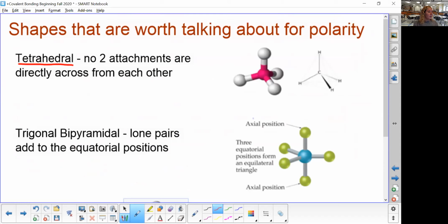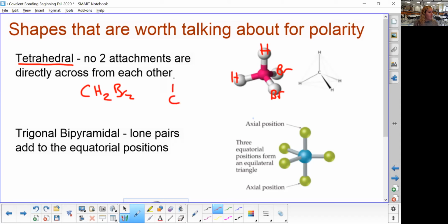Tetrahedral is worth mentioning because it's important for you to know that no two attachments are directly across from one another. So even if you had CH2 and then the other side was Br and Br, let me do the Lewis structure.